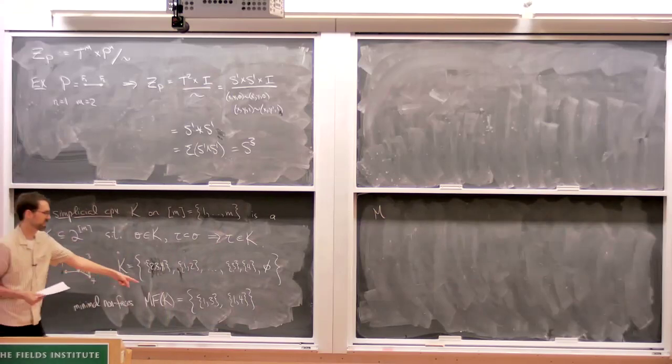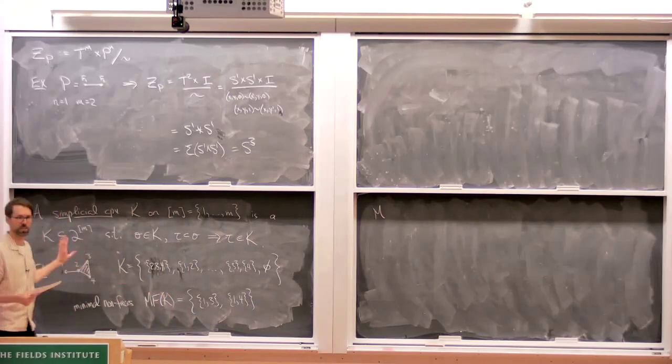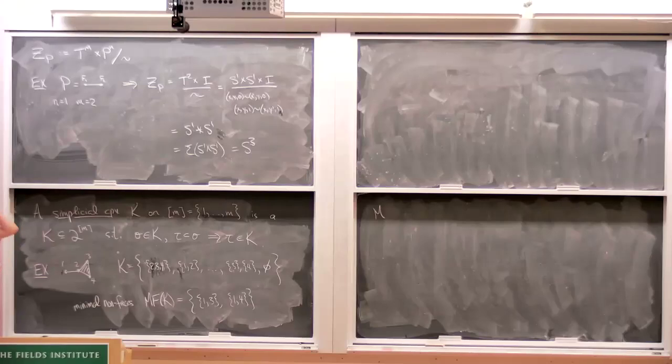So if you just knew this, that also completely specifies your simplicial complex. 1, 2, 3, 4 is also a missing face here, but it's not a minimal missing face because it contains 1, 3 and 1, 4.